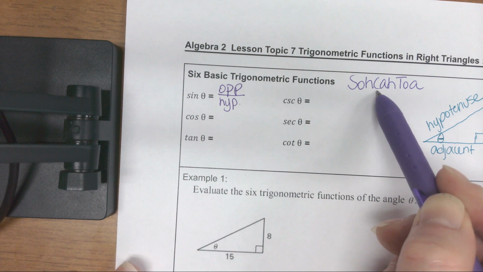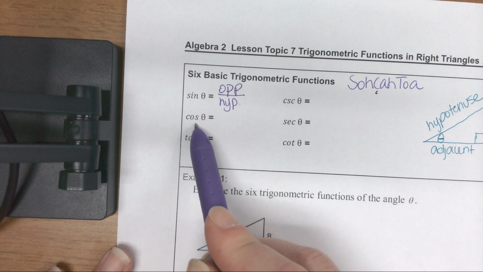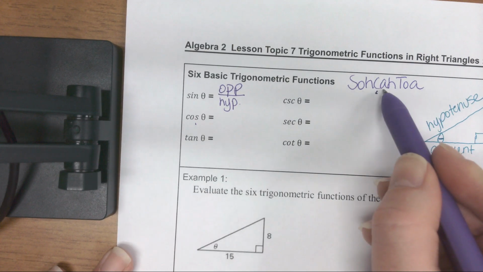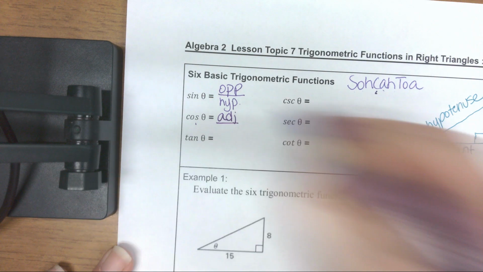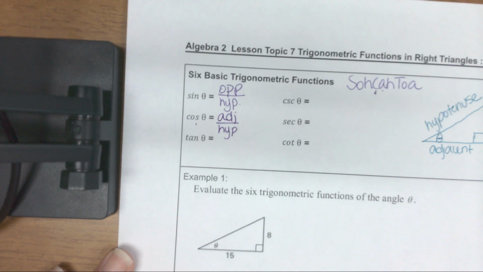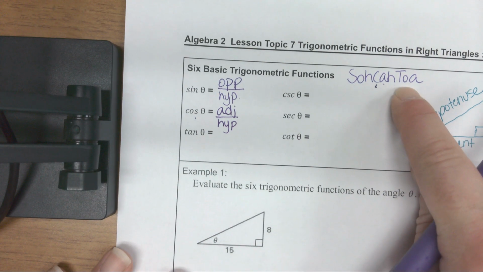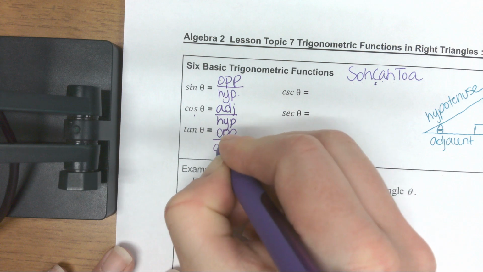The C stands for the cosine of an angle, and the cosine, abbreviated cos, is adjacent over hypotenuse. The tangent, TOA, is the ratio of the opposite over the adjacent.